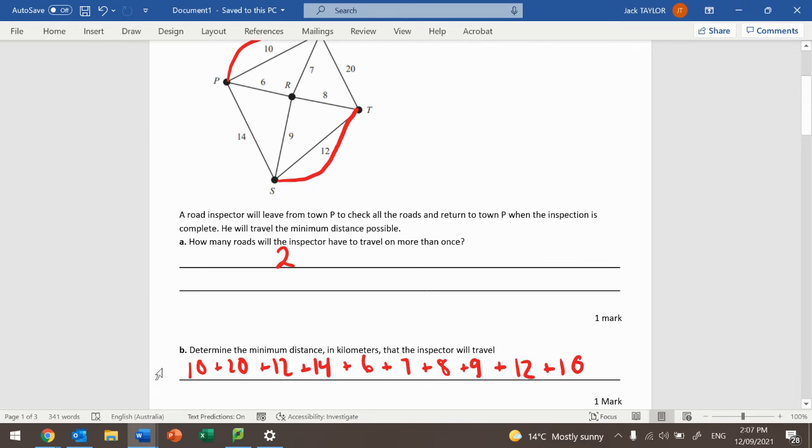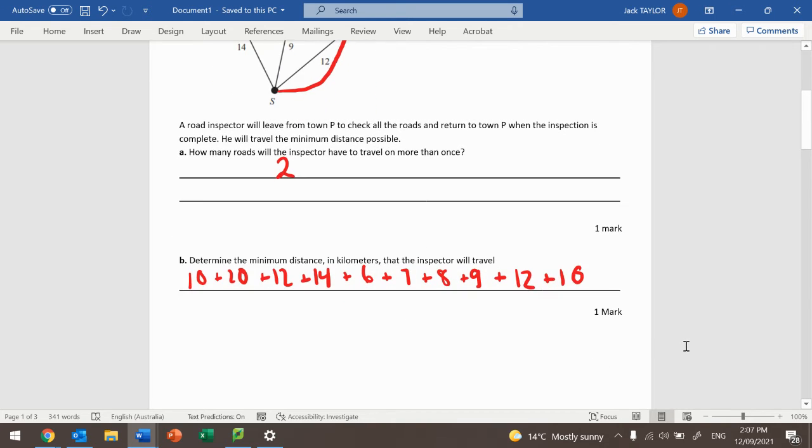All right, so what's that? 10, 30, 42, 56, 62, 69, 77, 86, 98, 108. Hopefully my mental maths is correct there.